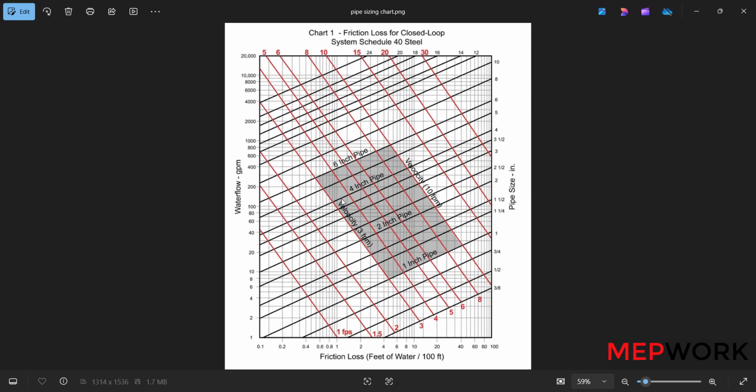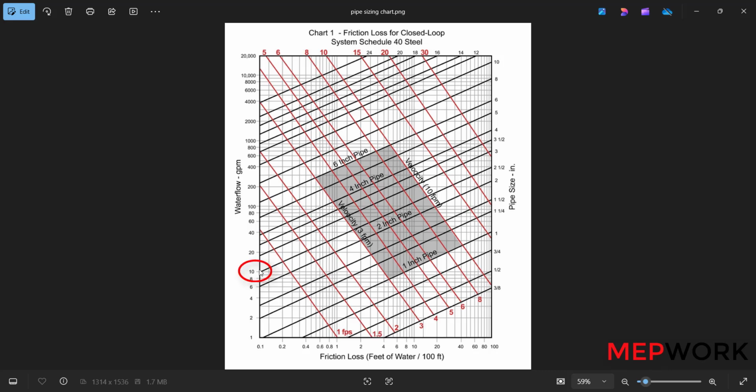Also, you can size the chilled water pipes with this chart. This is the friction loss in feet of water per 100 feet, and this is the water flow rate in GPM. This is the pipe size in inches, and the red lines are the velocity lines. For example, put the flow rate on this axis, for example 10 GPM.